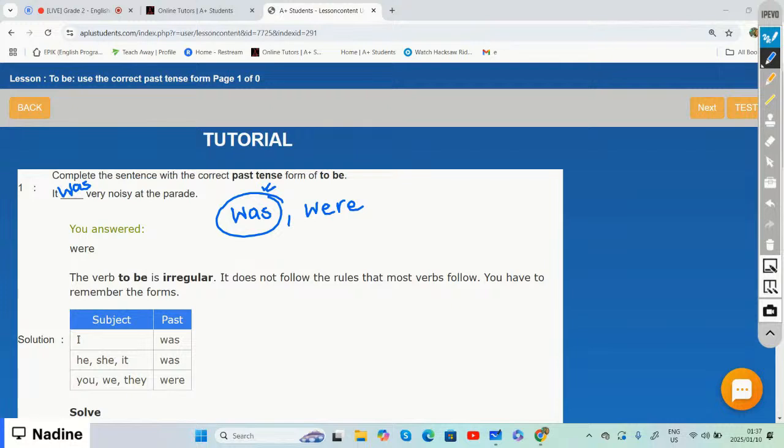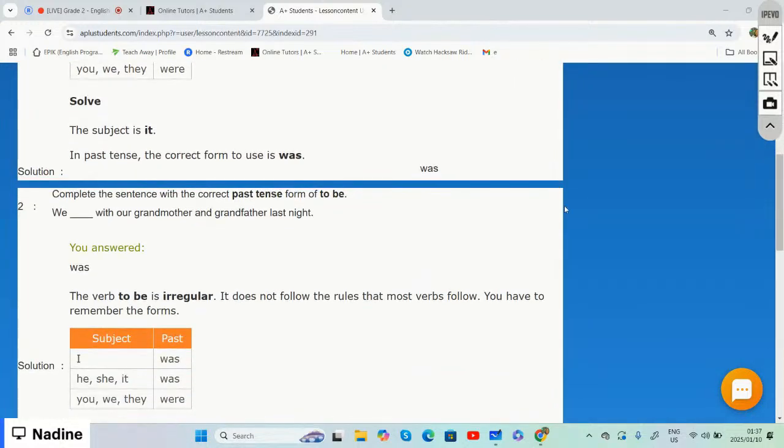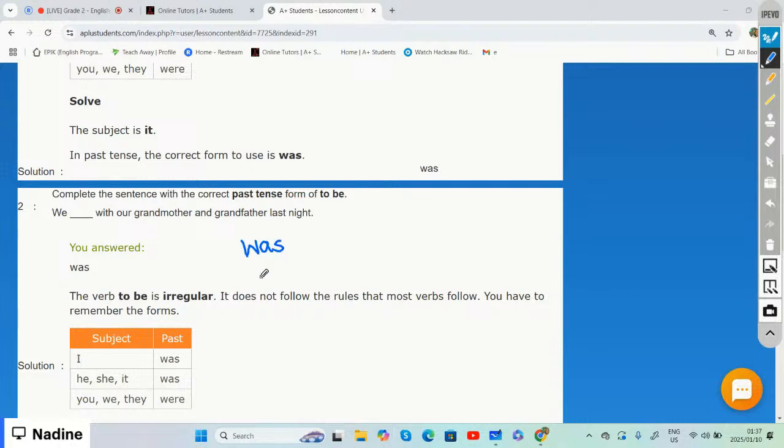So it was very noisy at the parade. Was. Right? Well done. The next one says we, which is more than one person. Do we say we was with our grandmother and grandfather last night?